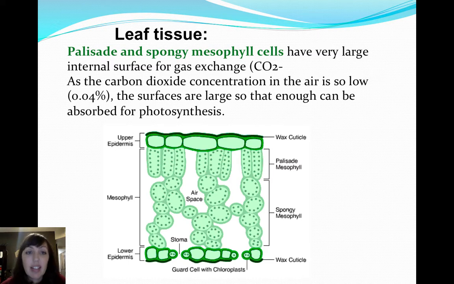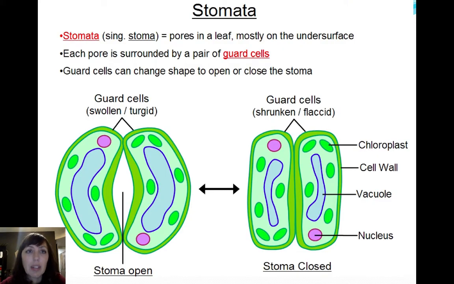Looking at this, the upper epidermis, the mesophyll, and the lower epidermis, you have to understand what the stoma is and what air spaces are for, which we'll talk about in a second. Within the mesophyll, it's important to be able to distinguish between the palisade and the spongy mesophyll. In a second, we'll talk about the stomata.